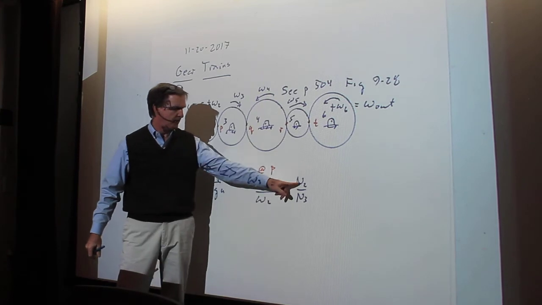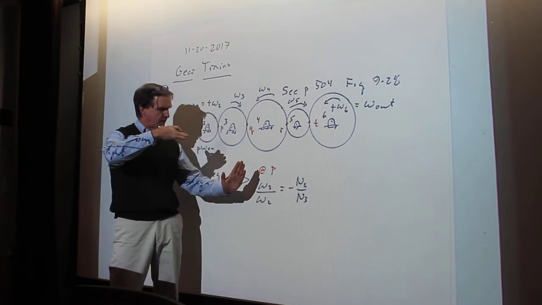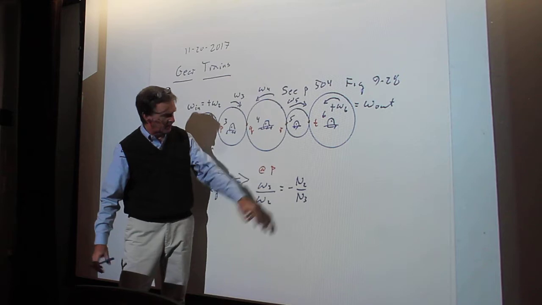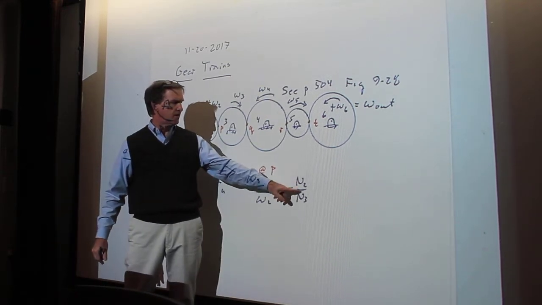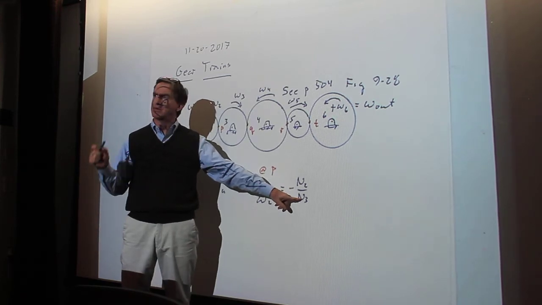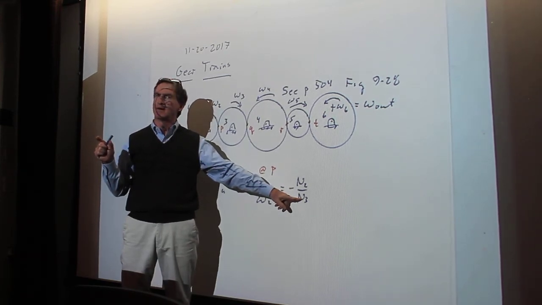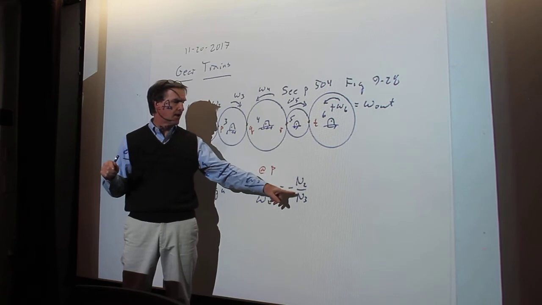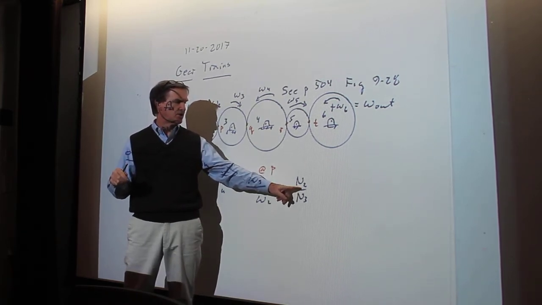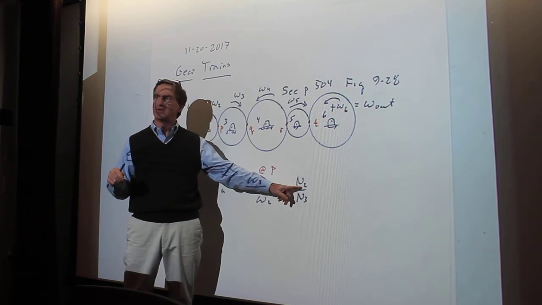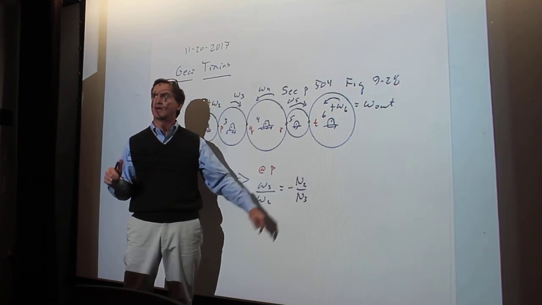And it's omega 2, n2, omega 3, n3. This is gear tooth counts. The gear tooth count corresponds to the radius of the gear. The radius of the gears have to have the same ratio as the gear tooth counts on the respective gears.